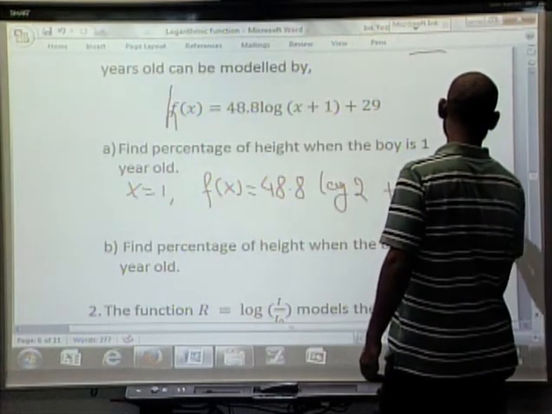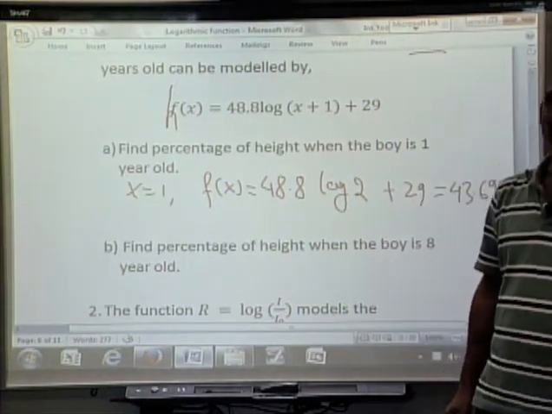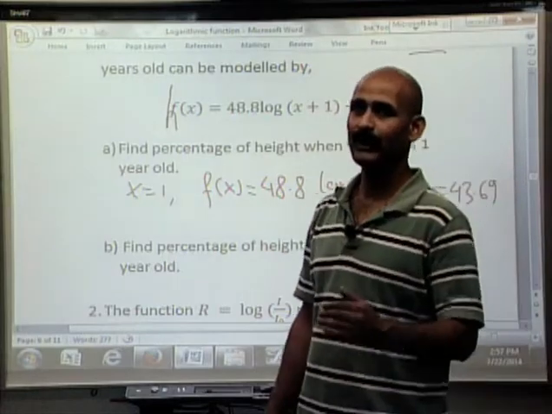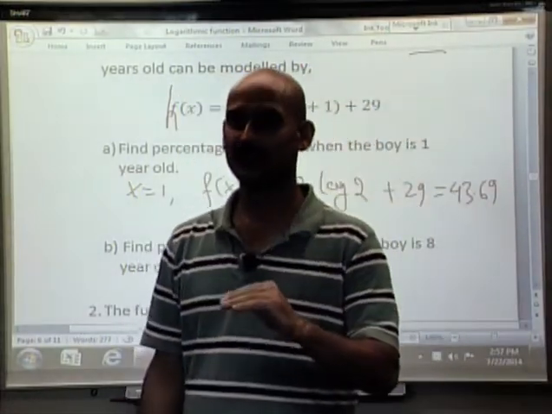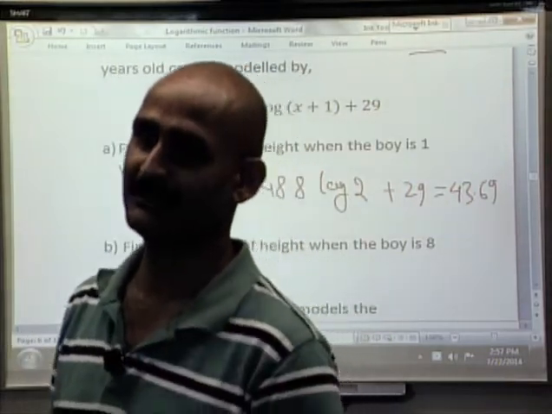This is 43.69. So, we could say when the boy is 1 year old, the boy attains 43% of his adult height.